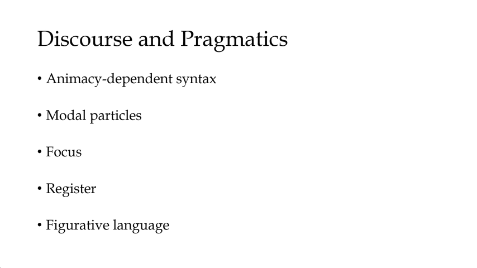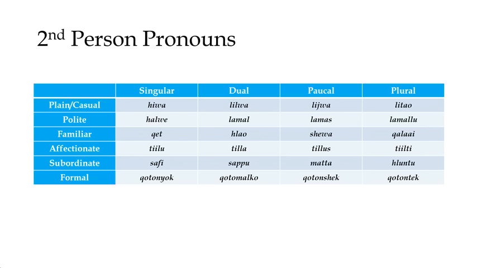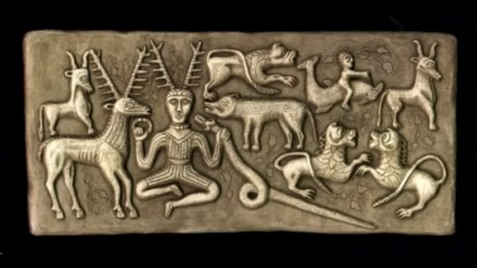Finally, let's talk about one of the trickiest, but also one of the funnest things about Oqolaawak: register and figurative language. Oqolaawak is very sensitive to formality, which is primarily indicated by a whole bevy of second-person pronouns, but more indirectly by what are known as the animal registers. Without getting too much into cultural stuff, the Oqolaawak have a mythology largely centered around animal worship.